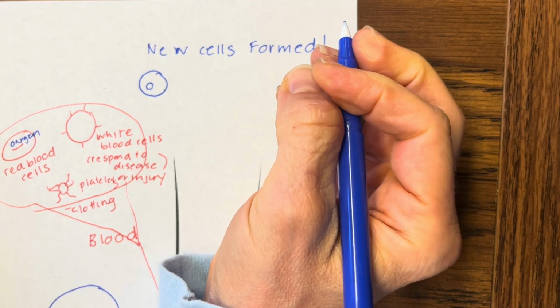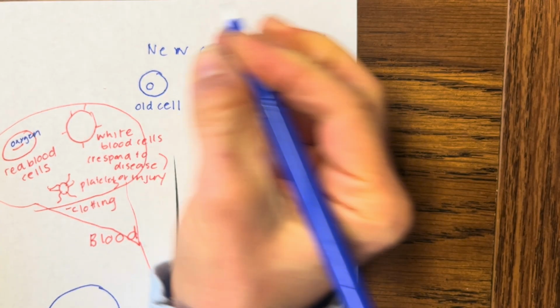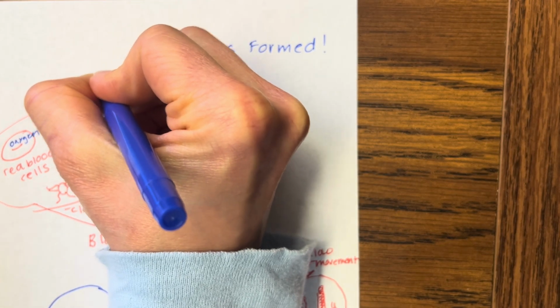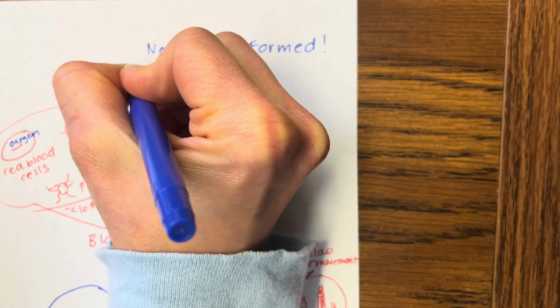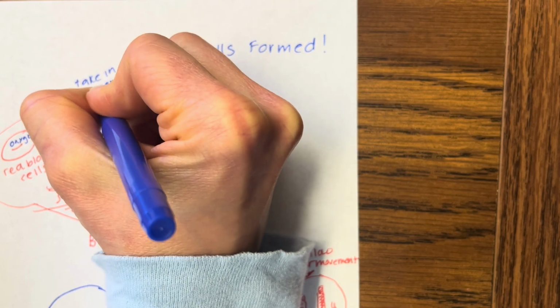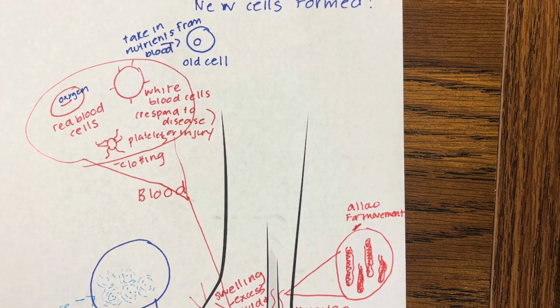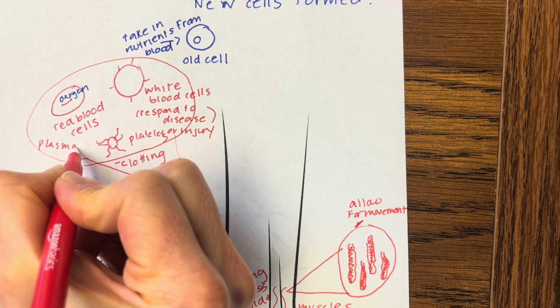We're just drawing kind of a generic cell, so an old cell. It needs to take in nutrients, which it's likely getting from the blood. Let me emphasize with the blood that there's some plasma too. It's the liquid with nutrients.